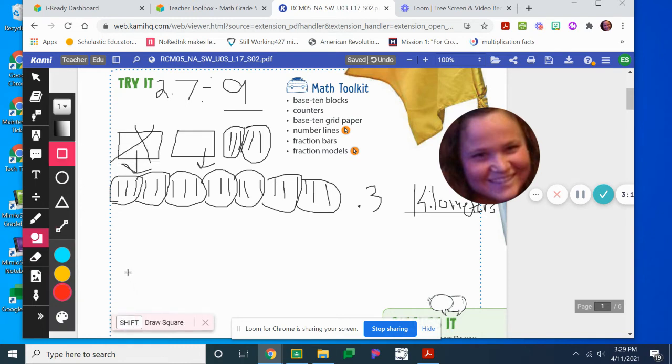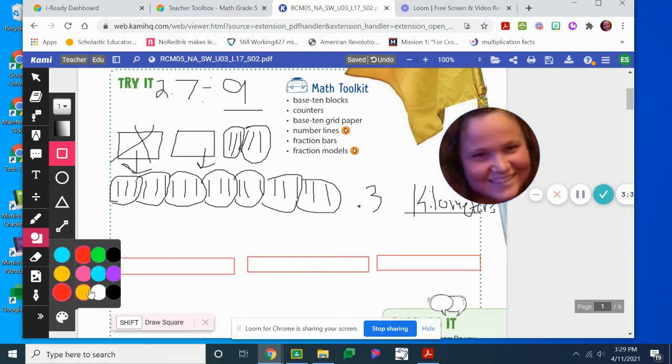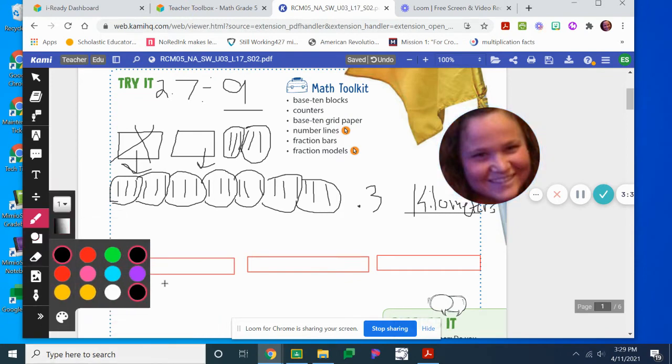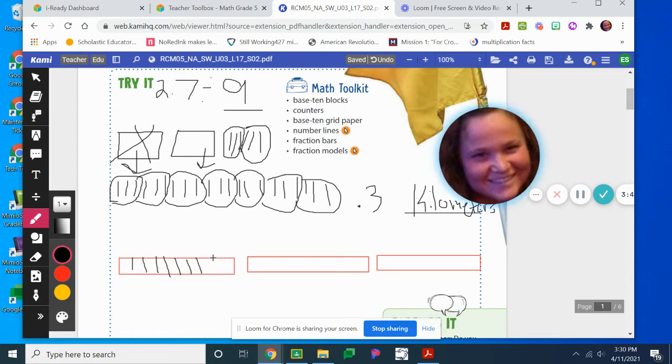Let's say I've got, here is 9 groups, 10, here's 10, and here's 10. And what I'm going to do is I'm going to divide these up into groups of 9. So 1, 2, 3, 4, 5, 6, 7, 8, 9, 10.